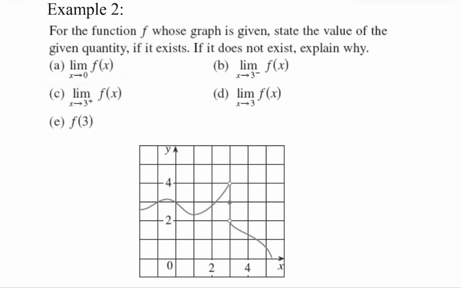It does not have a little plus or minus next to it. So it is asking you, as I approach an x value of 0, what is the height of my function from both sides? So here is an x value of 0. From both the left side and the right side, I am approaching a height of 3. The answer is 3.